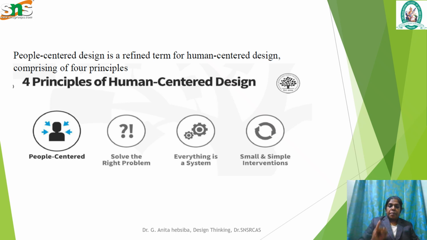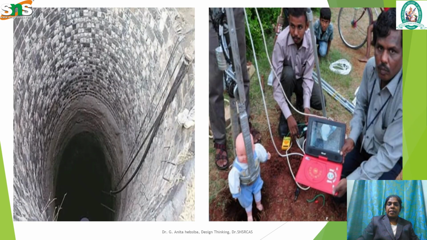The first is people-centered, solving the right problem, and everything is a system. You are not going to do it without a proper system, and there will be simple and small interventions. Here we have an example of human-centered design.